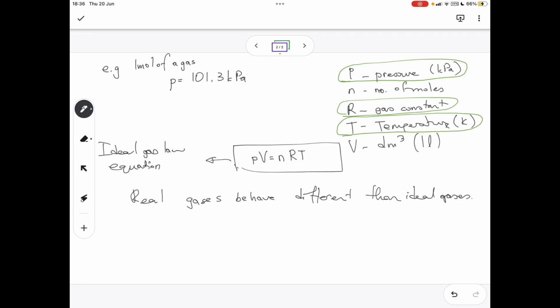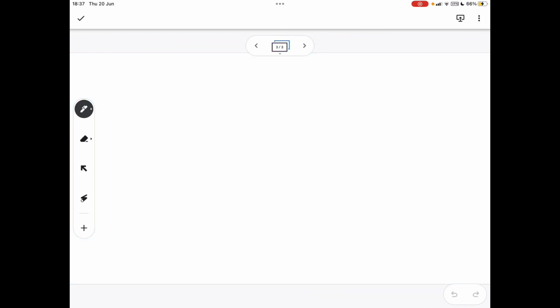That being said, I don't think we'll be doing any real gas calculations here. But I just want us to look at how we can apply this basic knowledge that we have so far so that we can find certain qualities of certain chemical reactions for gases.